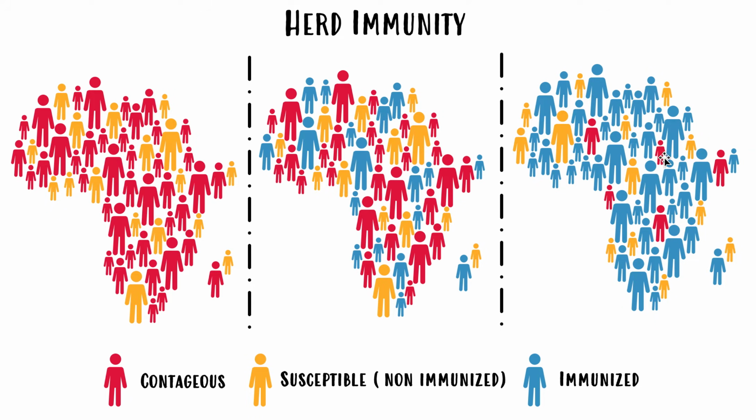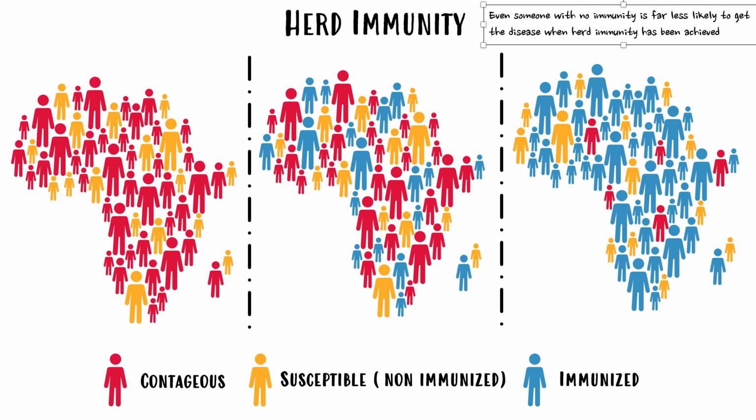So this idea is that if enough people are vaccinated, then even if there are people who are not immunized, they are very unlikely to get infected because there are enough vaccinated people to keep them safe. Because this virus will not move from this person to that person and then that person, because this person can't get it. They're healthy. Do you see? So it's very hard for the pathogen to spread and kill susceptible people if many people are immunized. So I'll put the words here. That's the idea of herd immunity.